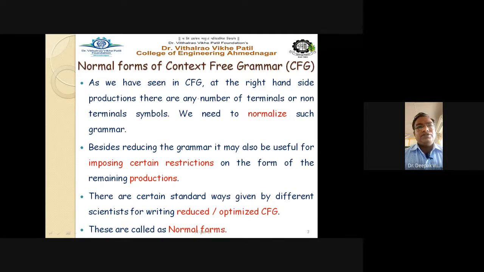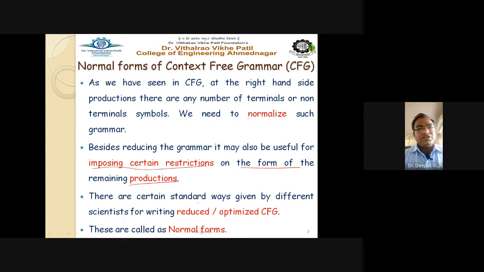Besides reducing the grammar, it may also be useful for imposing certain restrictions on the form of the remaining productions. Up till now, what we have seen was just to remove, that is, to optimize the grammar. Now here we have to normalize the grammar. It means we are imposing certain restrictions on the form of that particular grammar.